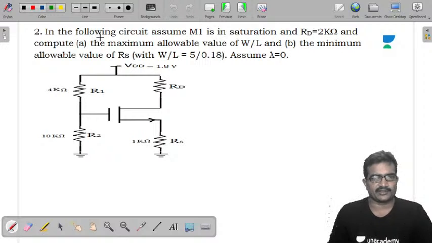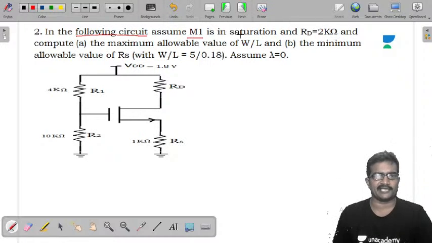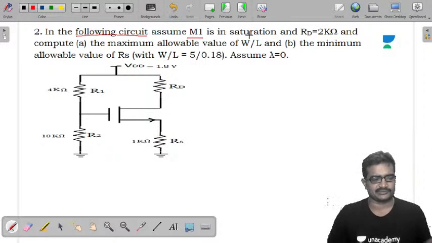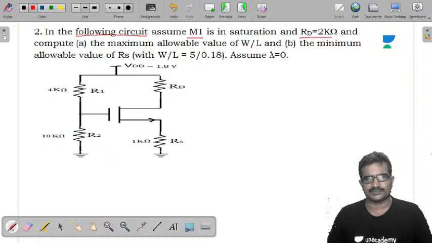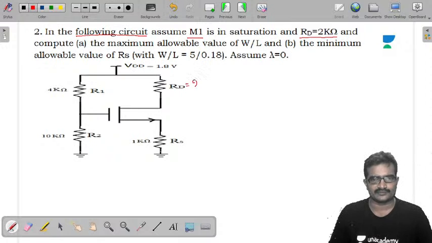In the following circuit, assume M1 is in saturation, fine, and the RD value is 2 kilo ohms. They have given the RD value as 2 kilo ohms.